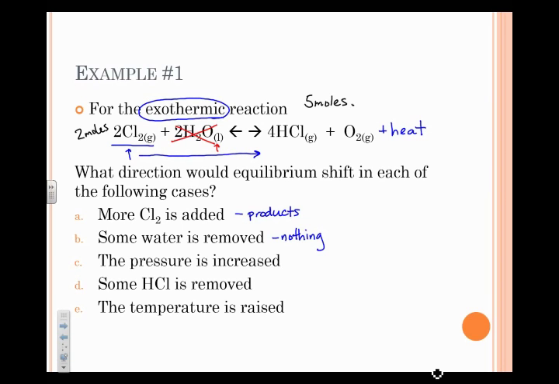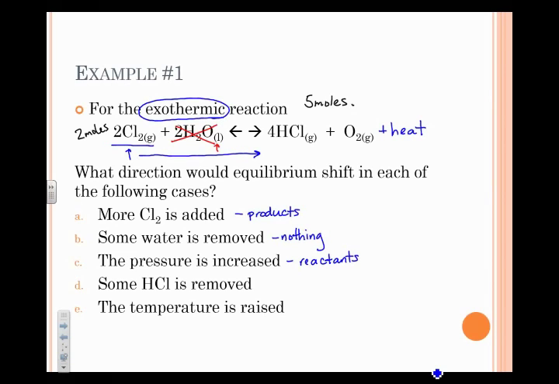When the pressure is increased, it will shift to the side with fewer moles of gas. In this reaction, that's the reactants. So I would say that in this case, an increase in pressure would cause a shift towards the reactants. If I had equal numbers of moles of gas in the reactants and the products, then changing the pressure wouldn't cause any impact on equilibrium.